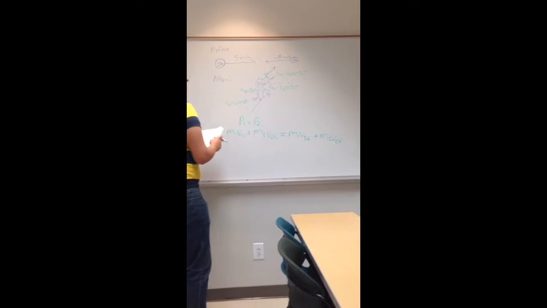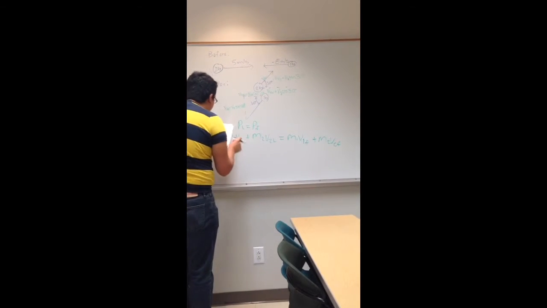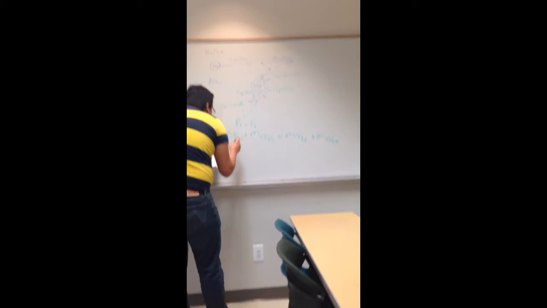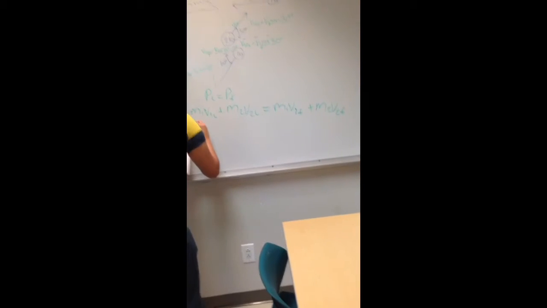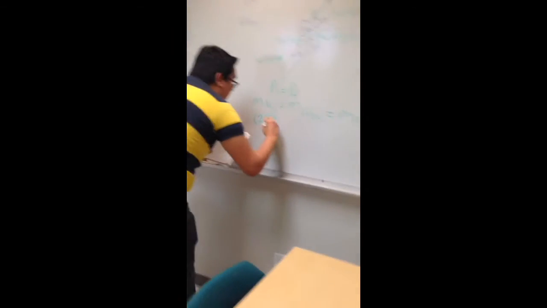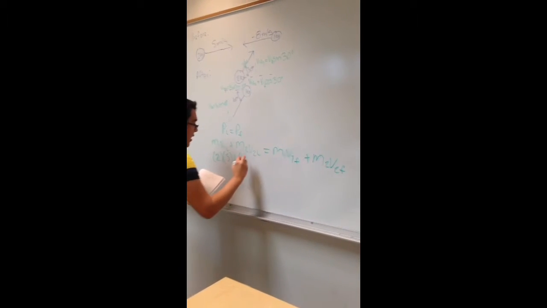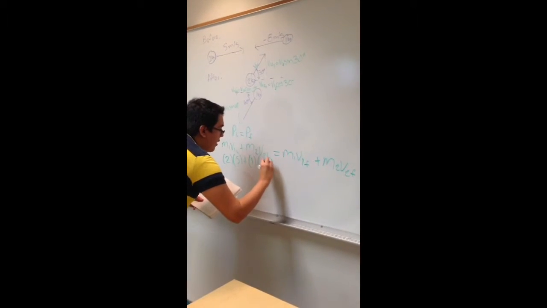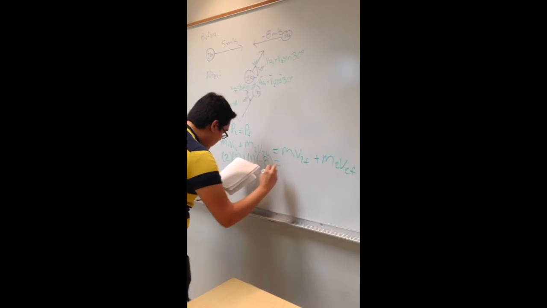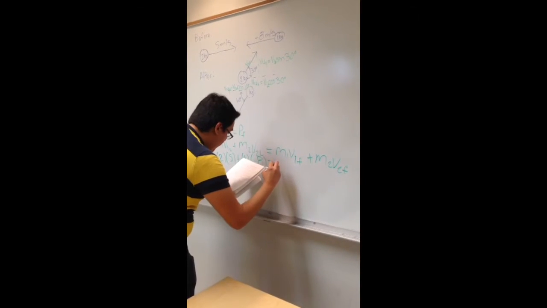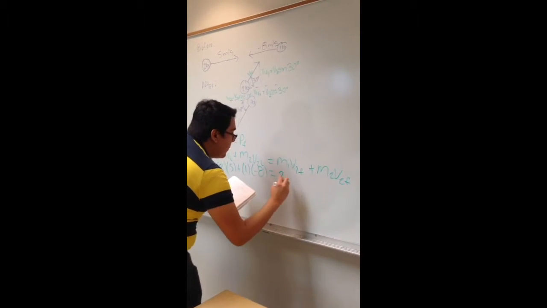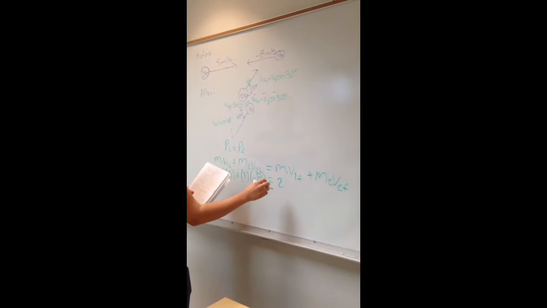So if we plug in the quantities, we get 2 times 5 plus 1 kilogram times -8.